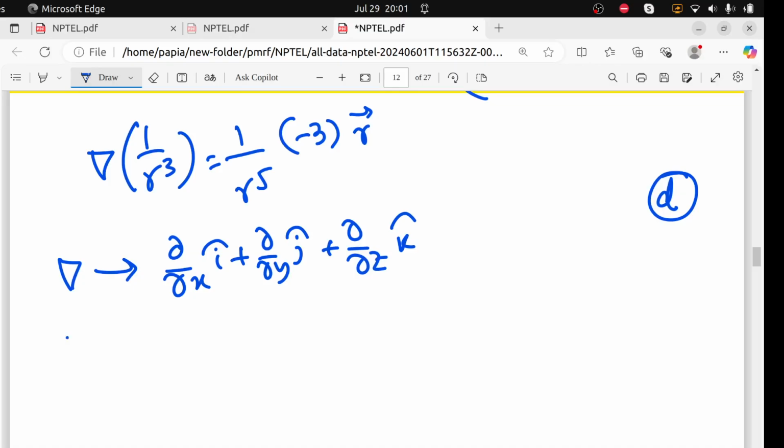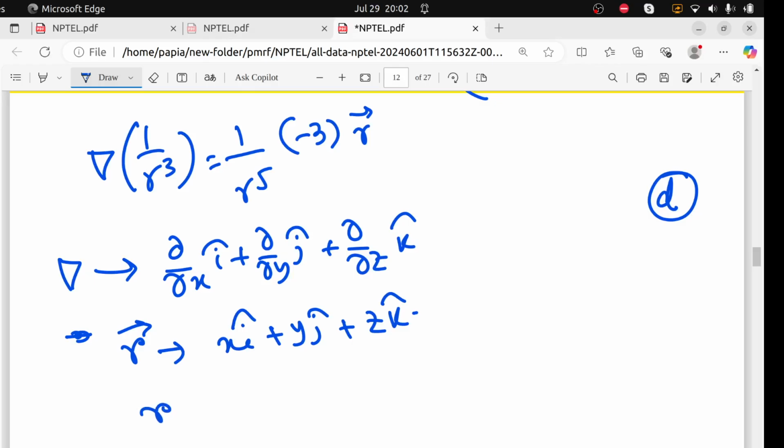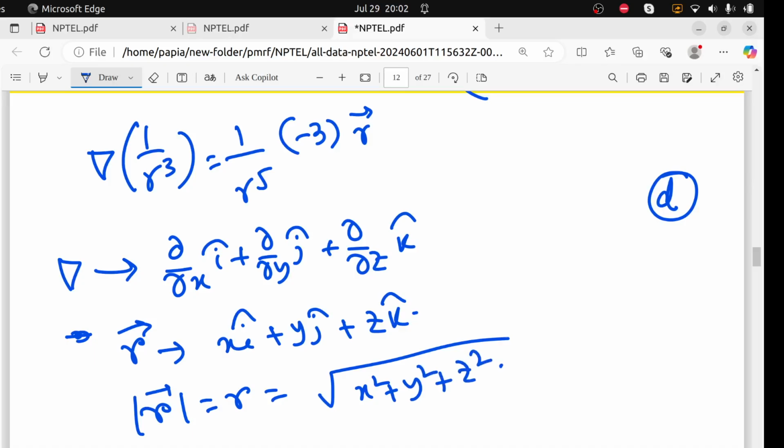Okay. So, and what is r? r is, if I write vector form, x i cap plus y j cap plus z k cap. Now r, simple r, means mod of r vector. What is the value of this? x square plus y square plus z square.